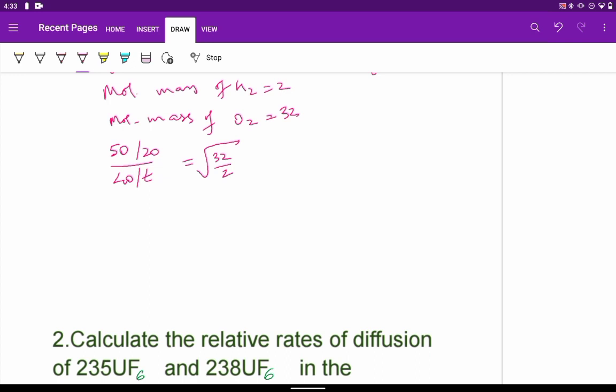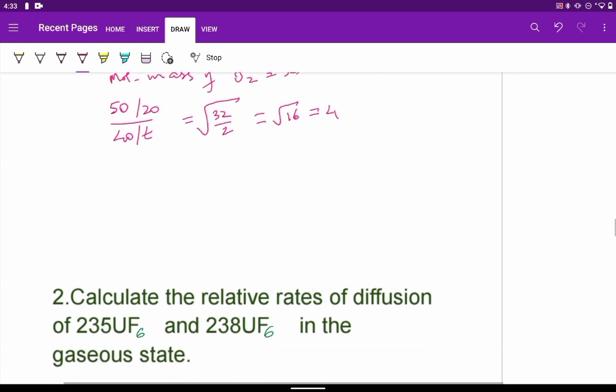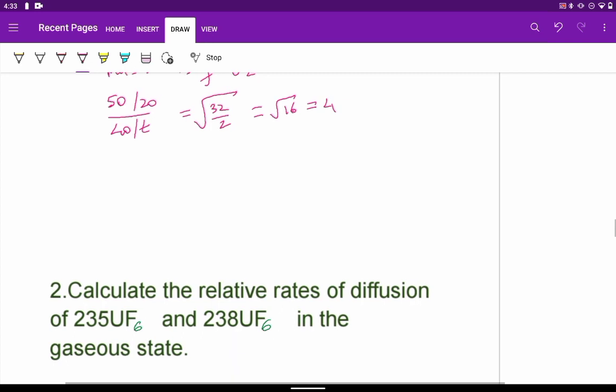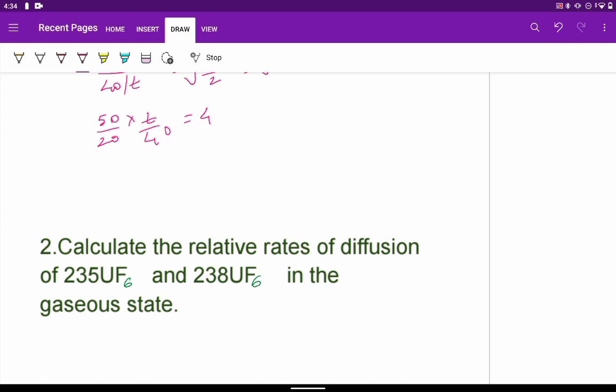It was square root of M2 by M1. So this will be square root of 16, that is equal to 4. So this becomes 50 by 20 into T by 40 equal to 4. We have to find out the value of T.